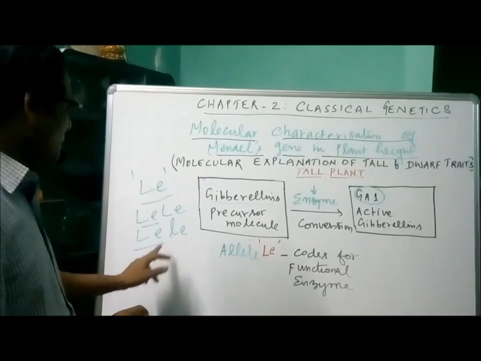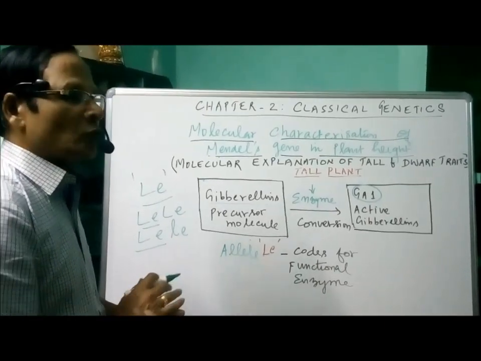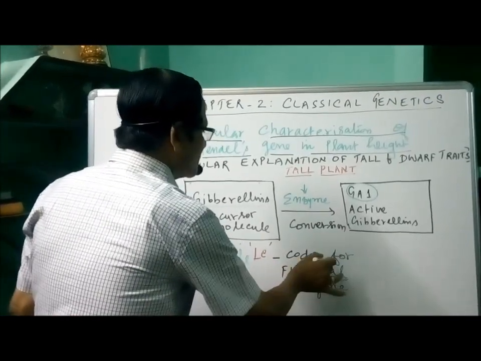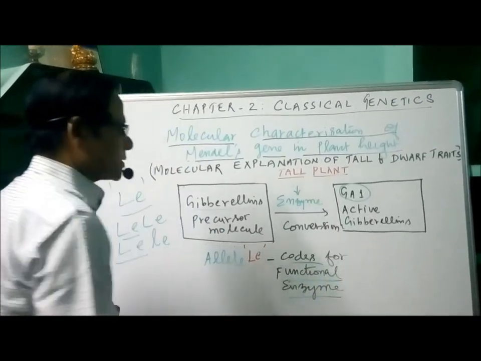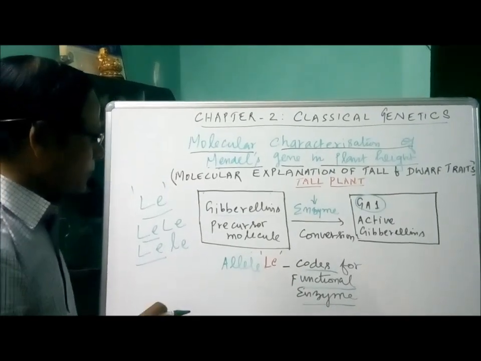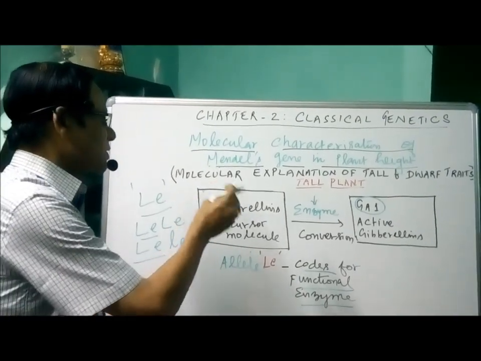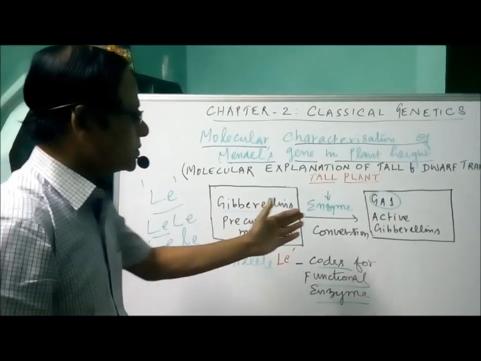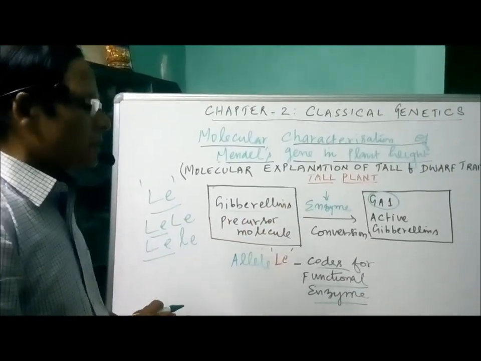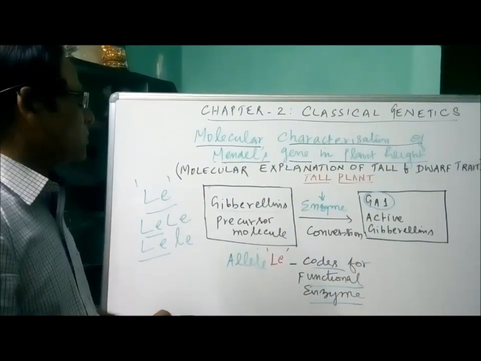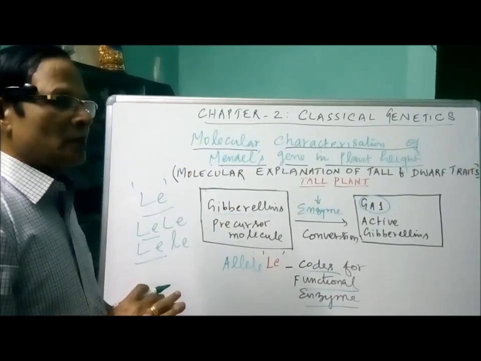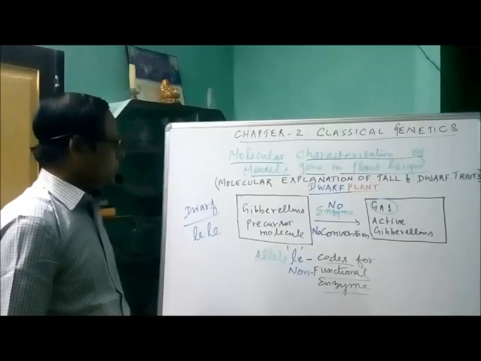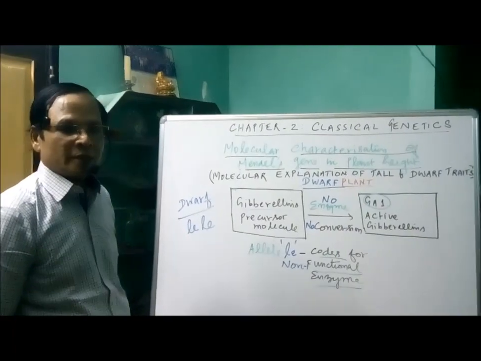Now the gene or allele, the dominant letter, codes for the functional enzyme. So when the dominant gene is present, it expresses itself and produces the functional enzyme, so that the conversion of gibberellins into active gibberellins takes place. That results in the elongation of the stem, so that the plant becomes tall. Now what about in the case of dwarf plant? The tall plant is a dominant character.